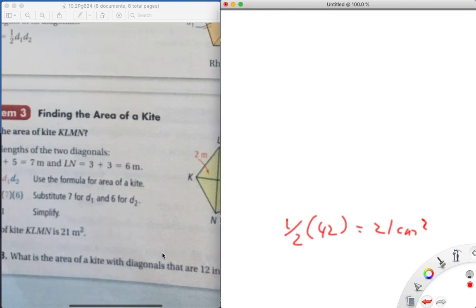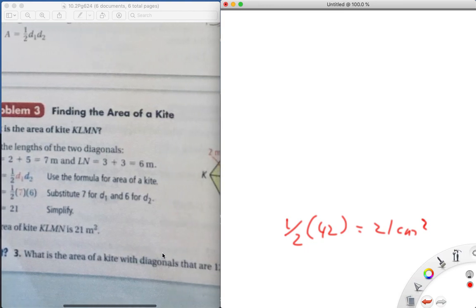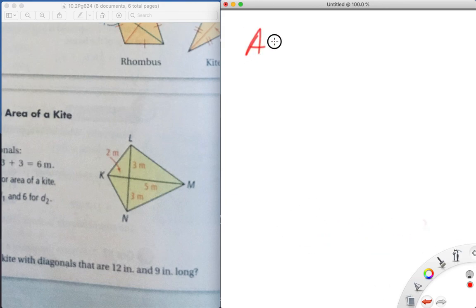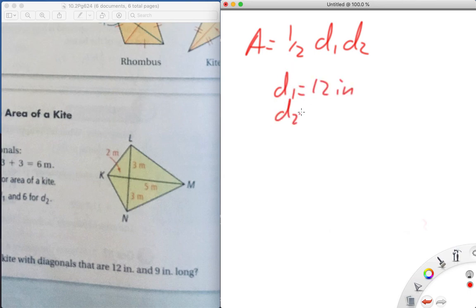They ask what is the area of a kite with diagonals 12 and 9. So they give me the diagonals. So I know area is 1/2 diagonal 1 times diagonal 2. They say that diagonal 1 is 12. They say that diagonal 2 is 9.